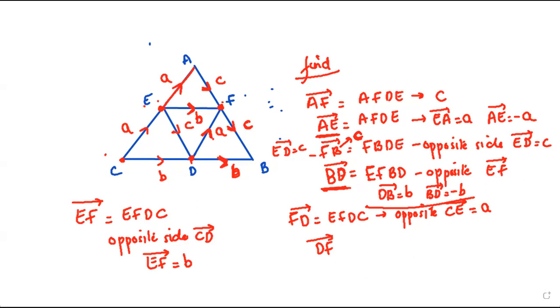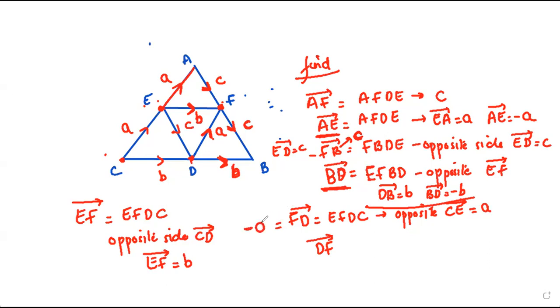So F to D will be negative A. I think I missed writing F to D as negative A. Yes, C to E is A, so F to D will be negative A. I missed writing it here.